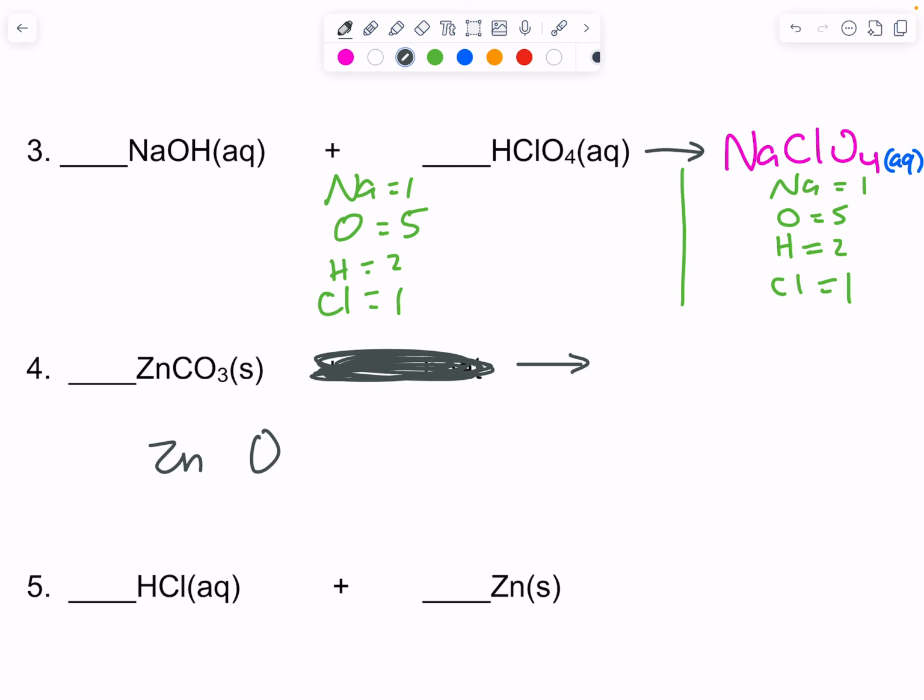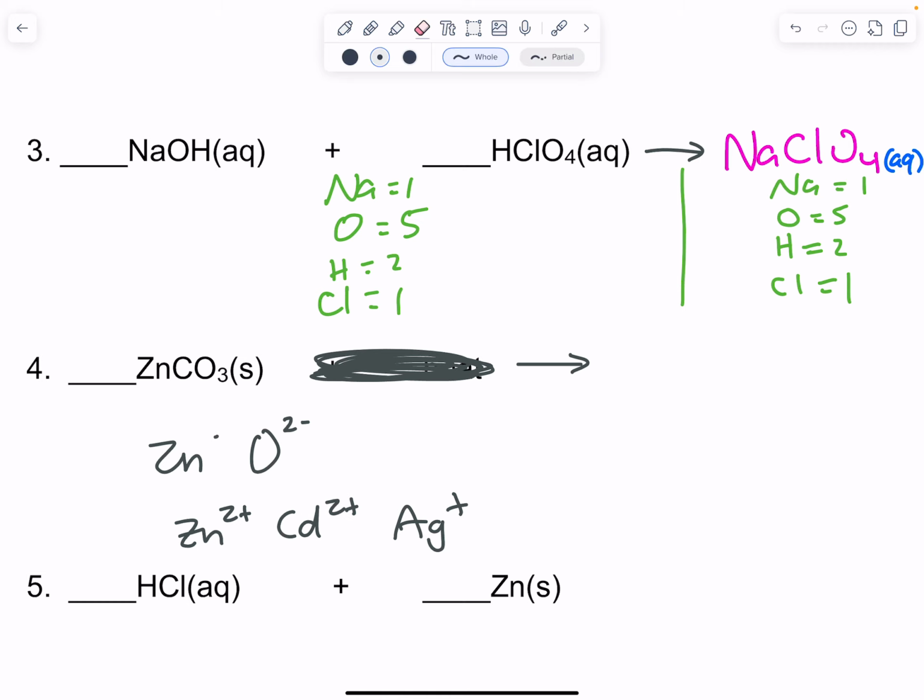O 2 minus. Do I know the charge of zinc? It's a transition metal, but it has a specific charge. Remember, there are 3 transition metals on the periodic table, zinc, cadmium, silver, that don't use Roman numerals, and you have to memorize their charge. Okay, zinc is one of them. It's 2+.